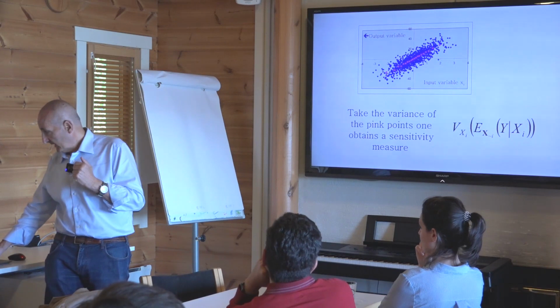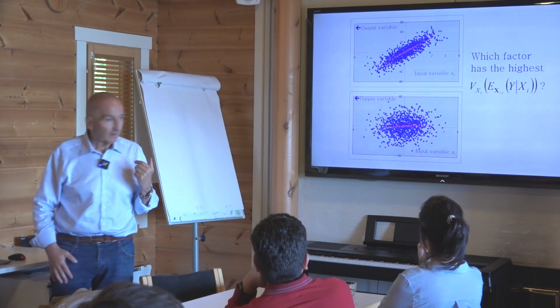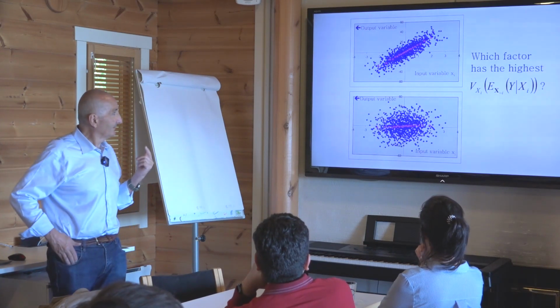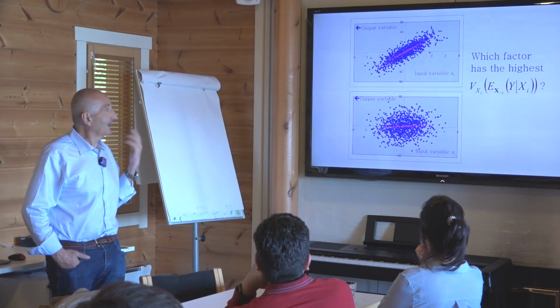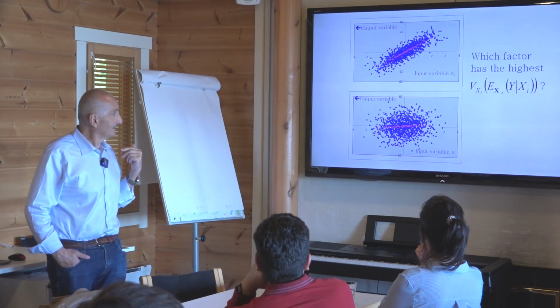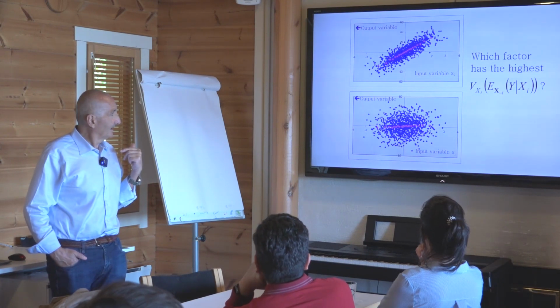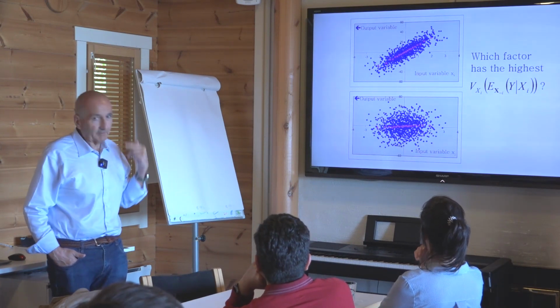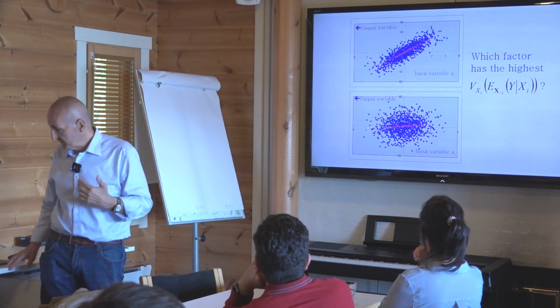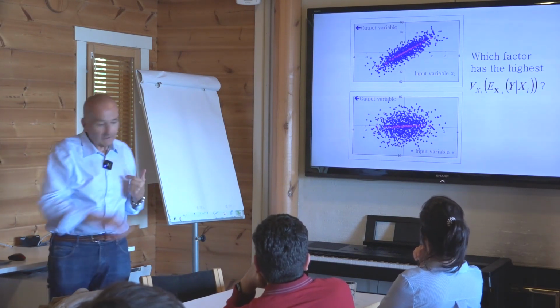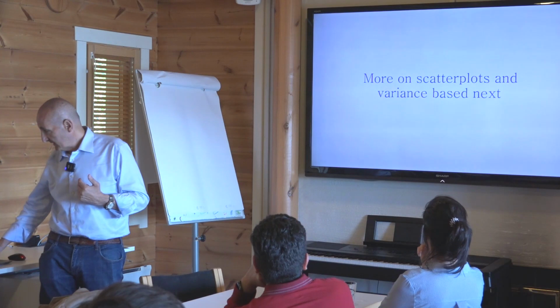And clearly, which variable has the larger variance? Okay, the upper one, x1, yes. Obvious, no? Because the other one is almost a flat line, much less variance. Okay.